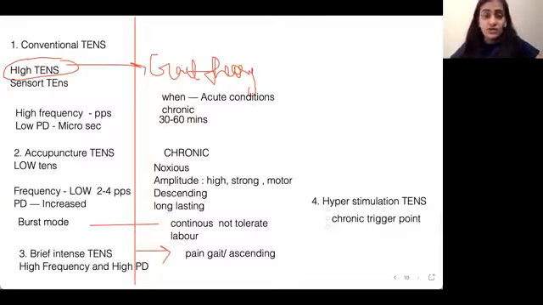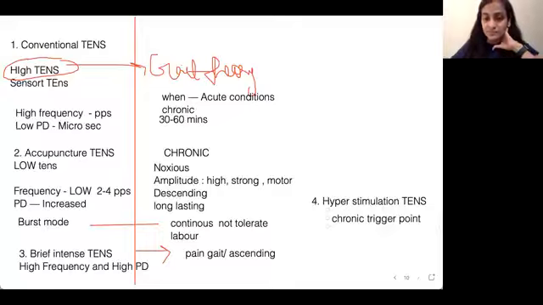Now, the parameters for a hyperstimulation TENS are almost similar to your acupuncture TENS. That means low frequency and high pulse duration. So hyperstimulation TENS, when is it given? When you have a small trigger point or small acupuncture point that is chronic. You give a very strong, noxious intensity for 30 to 60 seconds. So what mechanism is it going to activate?